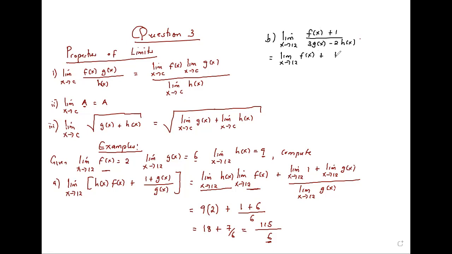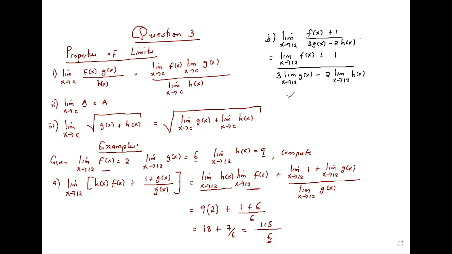We have now stopped writing the limit for 1 because we know it's just 1. And then over 3 outside, then the limit as x goes to 12 of g of x, minus 2 outside, then the limit as x goes to 12 of h of x. Because even if we say 2, its limit will be 2. So it's just the same as putting the constant outside, then you get the limits.